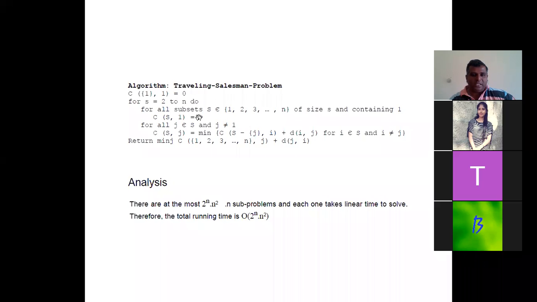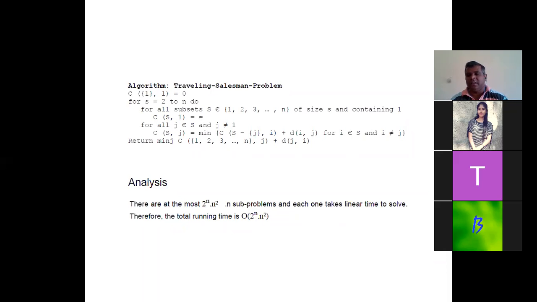So for all subsets S belonging to 1 to n of size S containing 1, C of S comma 1 is infinity. So initially we are storing in this matrix the cost from 1 to all other remaining nodes as infinity. That is in the G matrix.